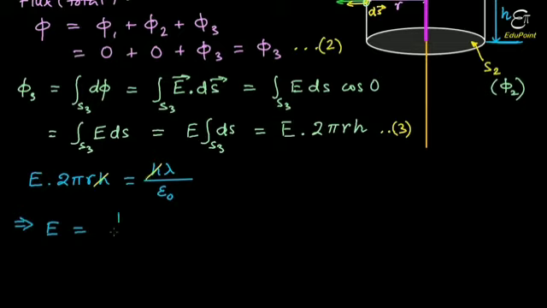Here substitute the two values. E times 2 pi r h is equal to h lambda by epsilon naught, where E times 2 pi r h is equal to E times the integral of dS.